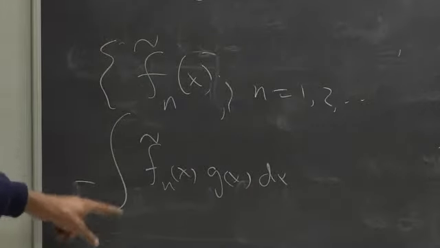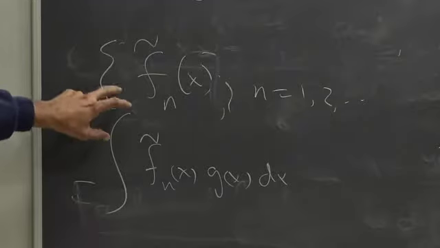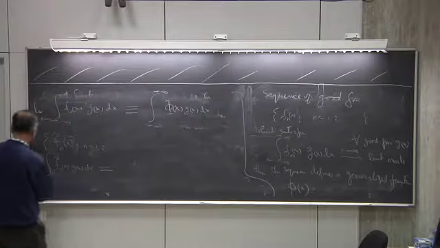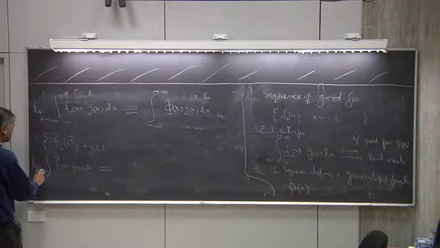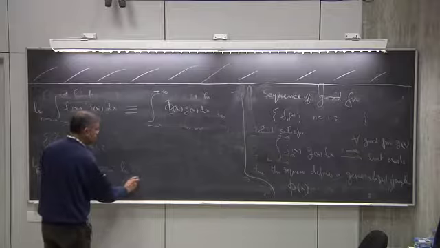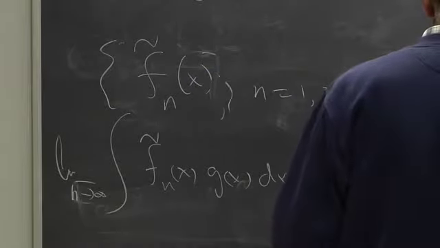Sometimes I will not write the limits, but limits are always minus infinity to plus infinity. This limit as n goes to infinity exists, and not only that, it happens to be also equal to the limit as n goes to infinity of the first sequence.